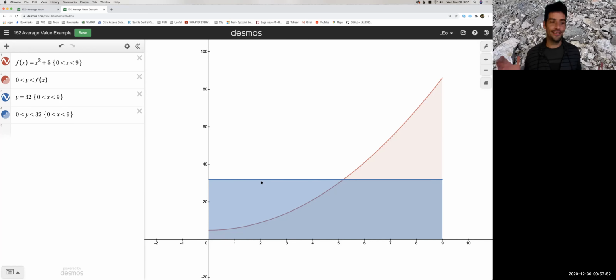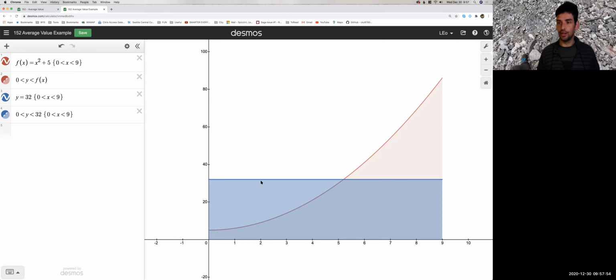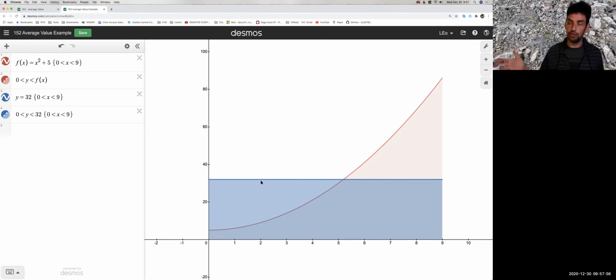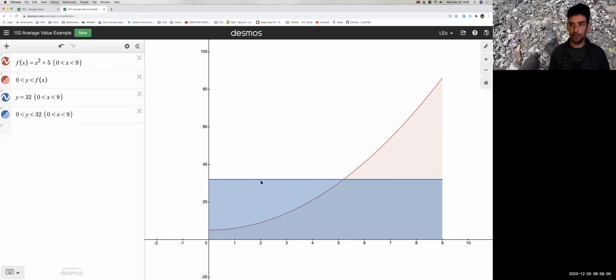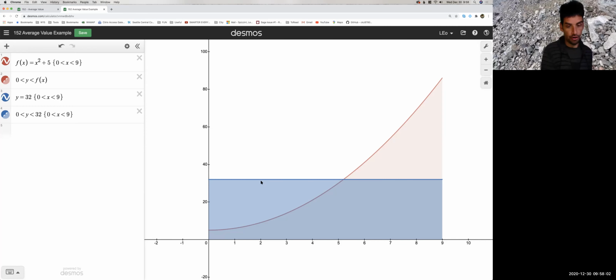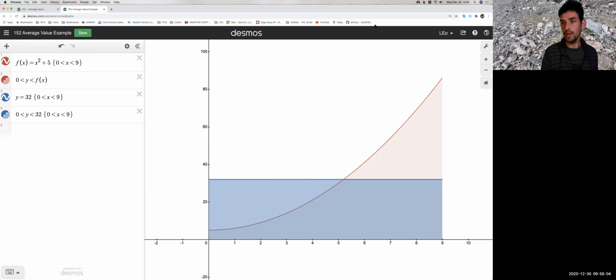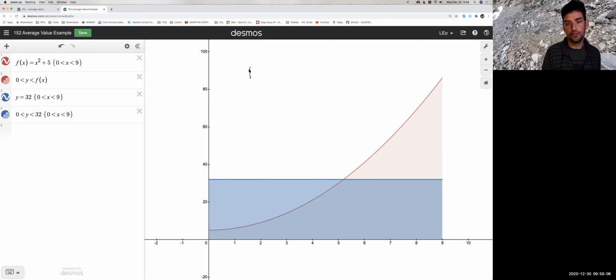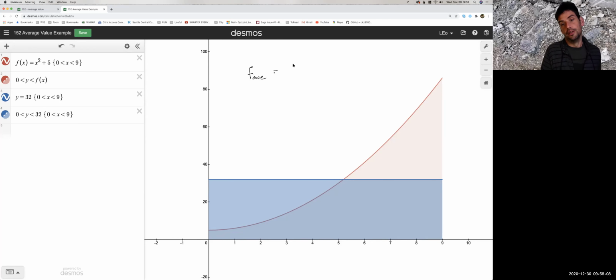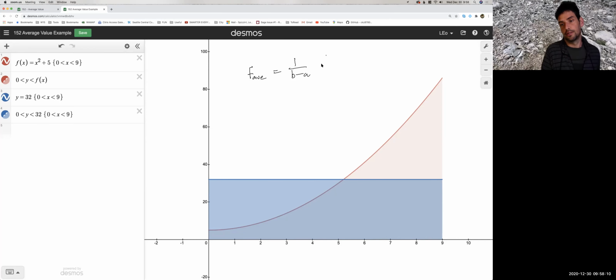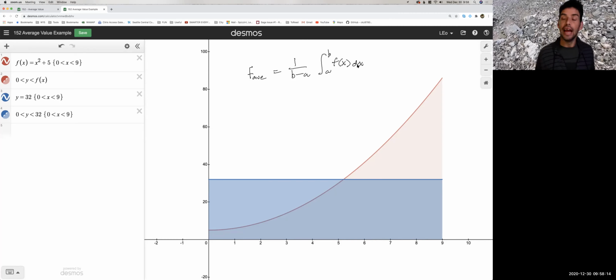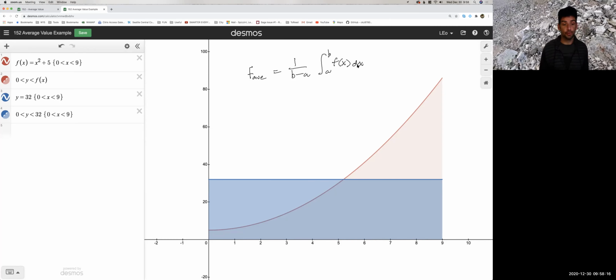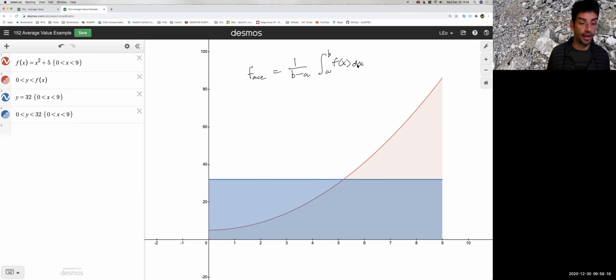I talked a lot, but I think the first thing to focus on is we do just have an average value of a function formula. So knowing that formula and being able to use it is the first step to understanding this, and then start digging into those interpretations and seeing if you can wrap your head around them.